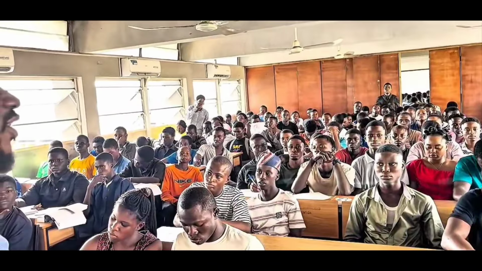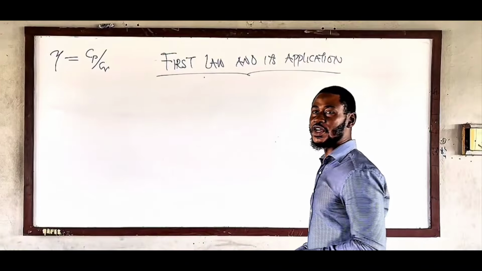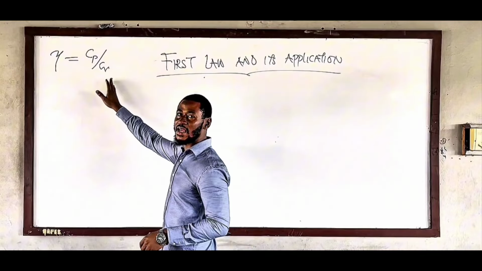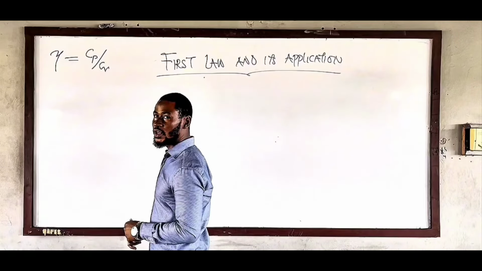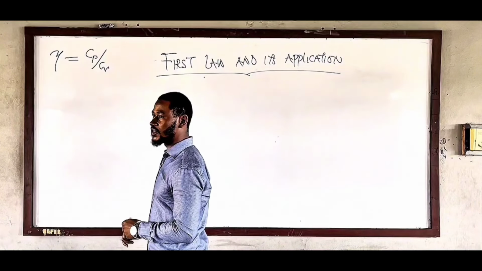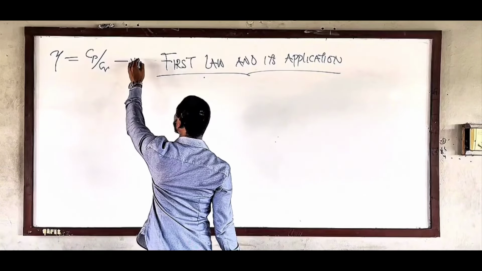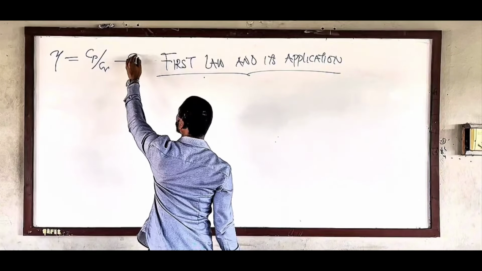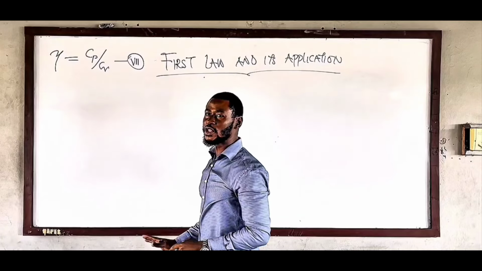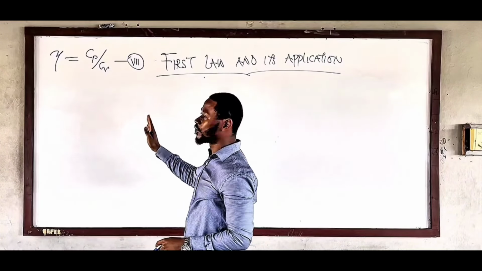How do we express this mathematically? Gamma equals Cp divided by what? Cv. And this is known as equation 7.